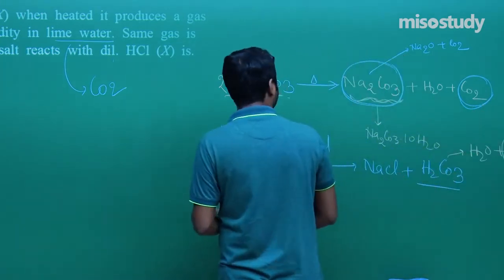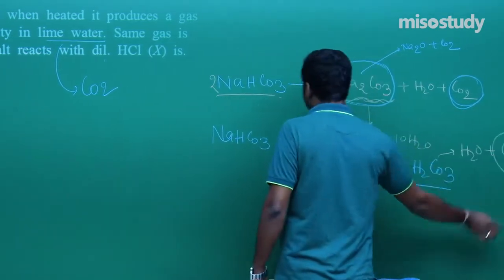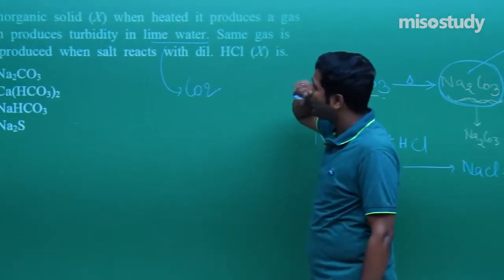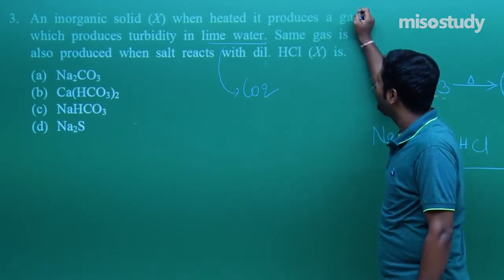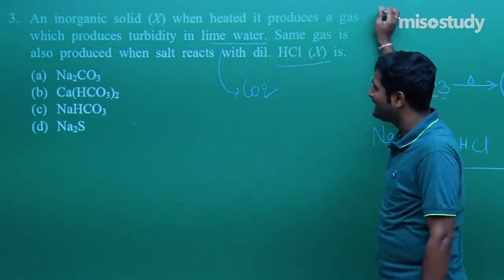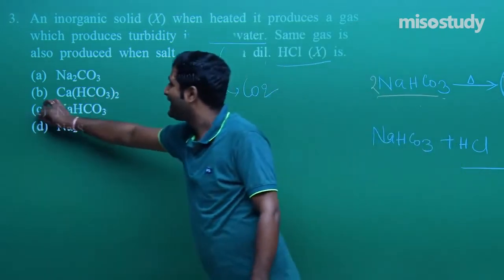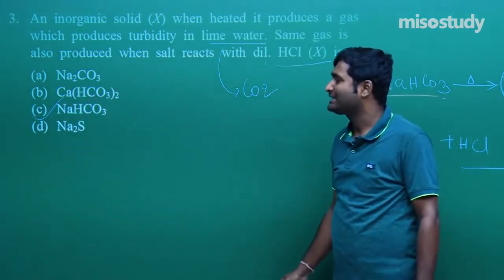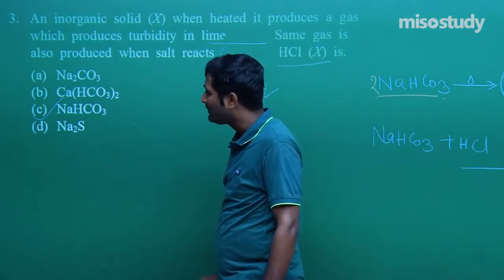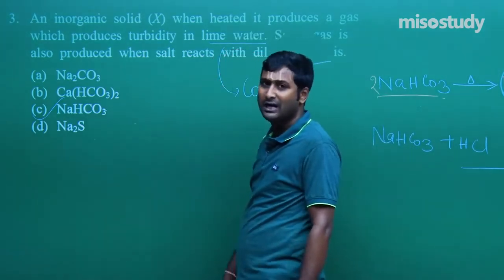Look, in both the cases the gas is CO2. So the same gas is also produced when the salt reacts with dilute HCl. So we can say that it is C, NaHCO3, not the carbonate, not the bicarbonate of the alkaline earth metal, and not the sulfide.